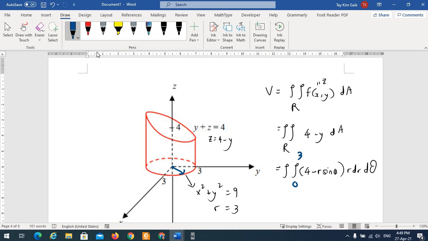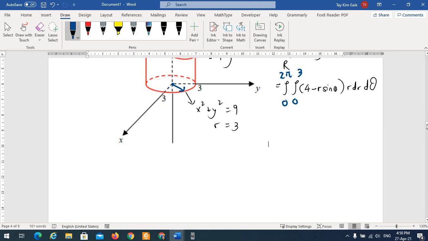For theta, we rotate from the positive x axis, this way, a full cycle, so theta goes from 0 to 2 pi. So lastly, we get the double integral, evaluated from 0 to 2 pi.